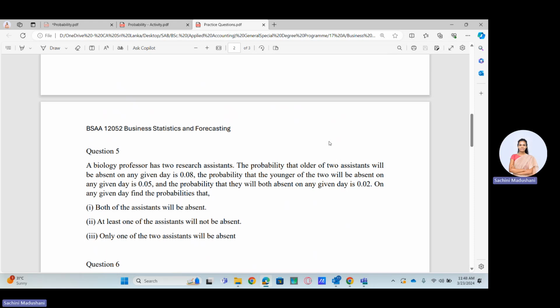What is the answer for part 2? At least one of the two assistants will not be absent. That means the younger assistant will not be absent, or the other one will not be absent, or both will not be absent.